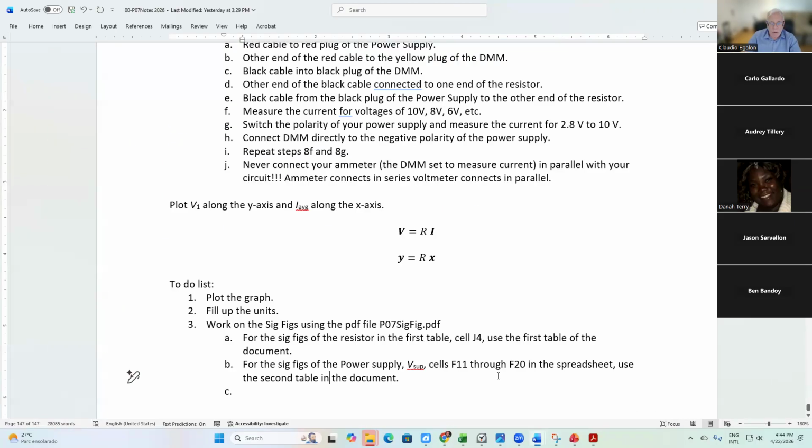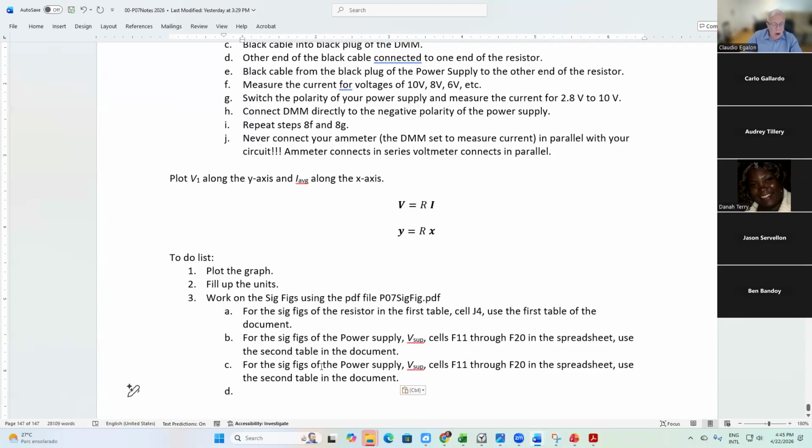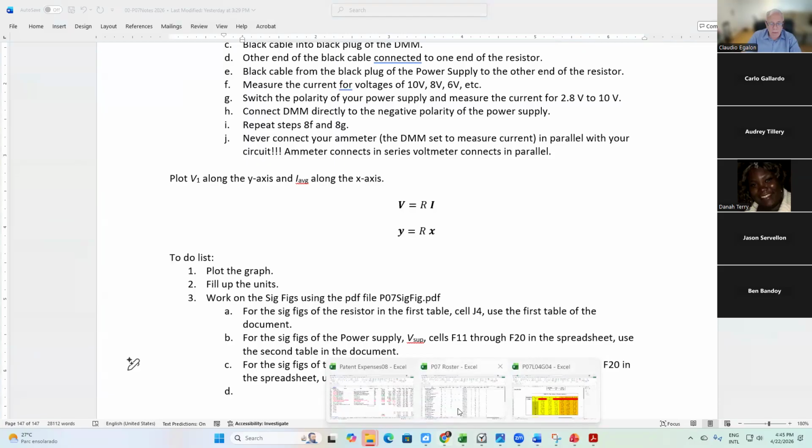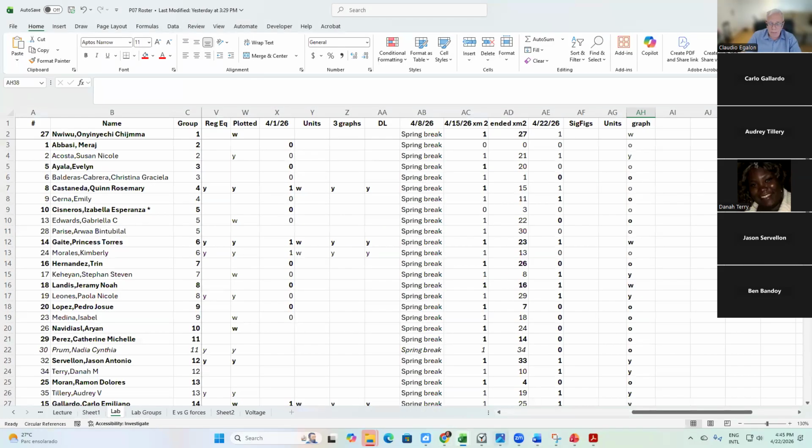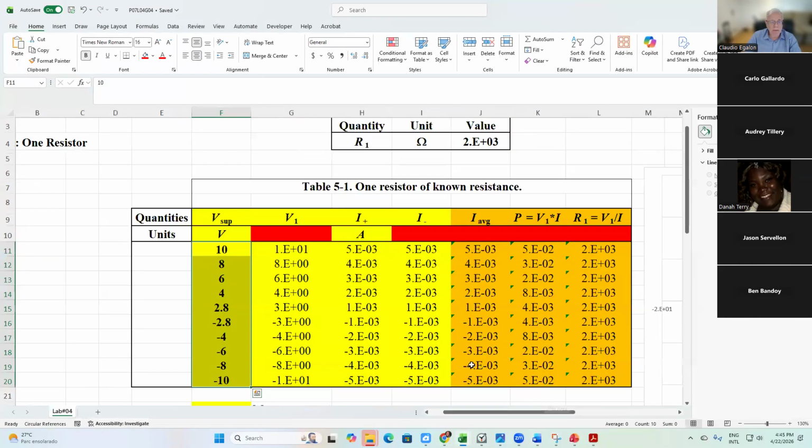Here you go. For the significant figures of the DMM measurement of the voltage V1, okay, 1, 2. I'm going to tell you what the cells are.